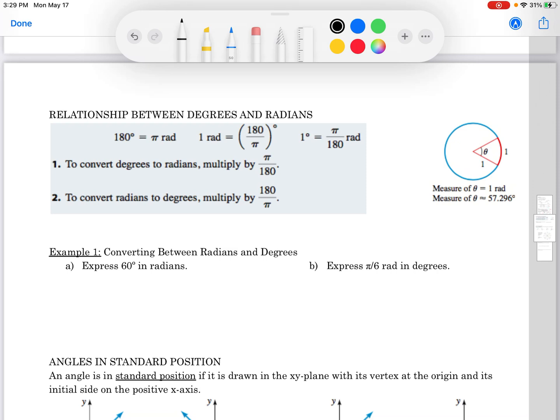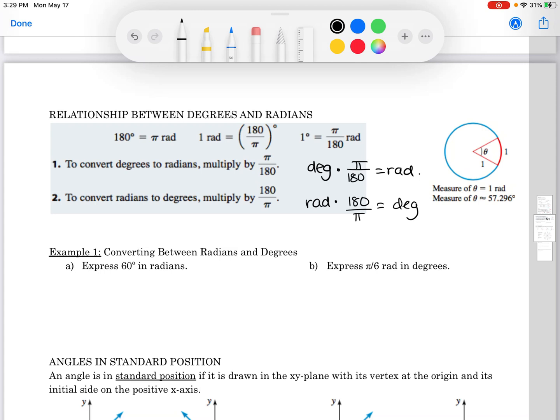So we can kind of use that to fix our situation here. So if we're starting in degrees and we want it to equal radian, we're going to multiply by radian over degrees to cancel it. So pi over 180, and that will give us radian. If I start in radian and I want to convert to degrees, I'm going to do 180 over pi as my scale factor here.